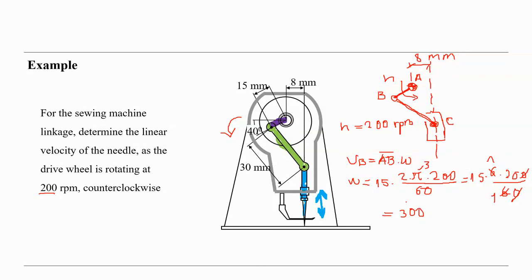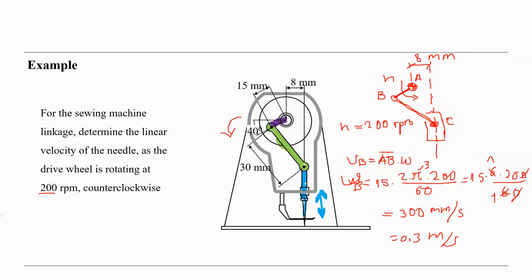This is VB, sorry. 300 millimeter per second, or 0.3 meter per second. So we know the magnitude, we know the directions.